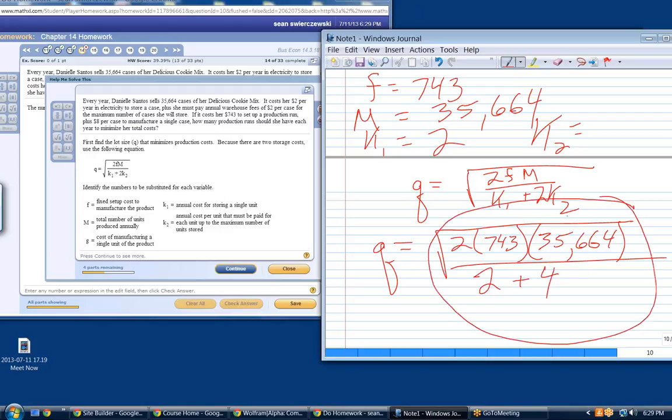So now we need that number. $2,792. No, excuse me, 2,972. Is Q, huh?